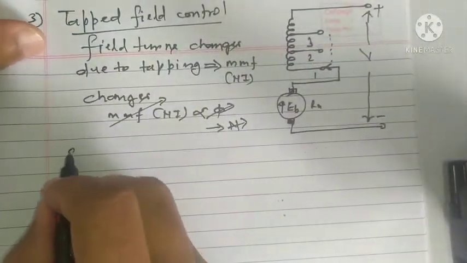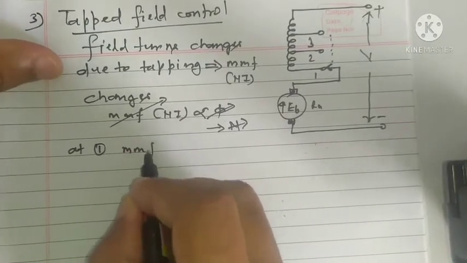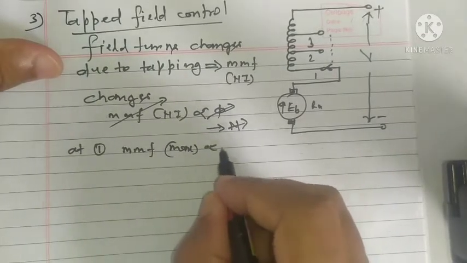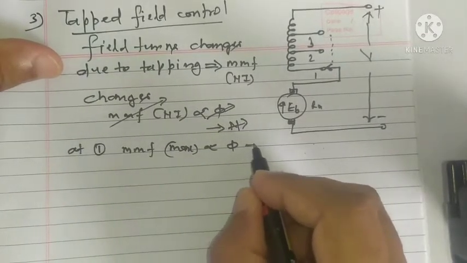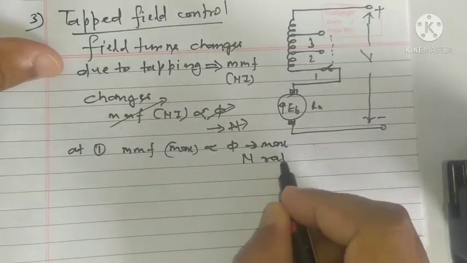At position 1, MMF is maximum, therefore flux will also be maximum, therefore speed is rated.